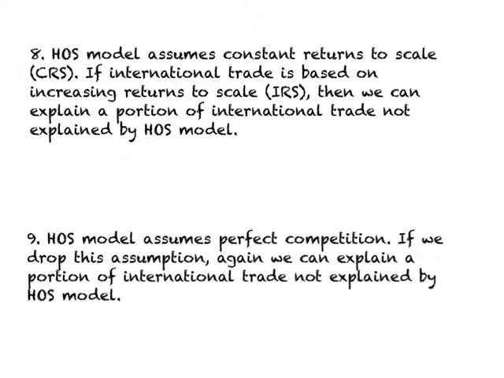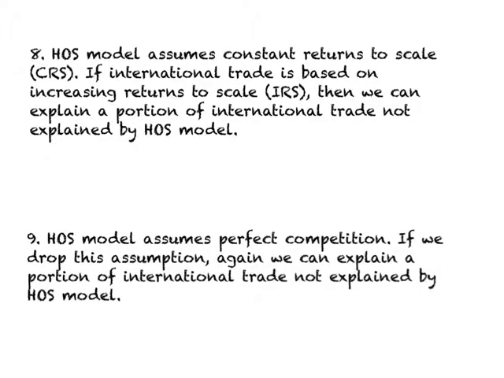Now let us look at the next assumption of the HOS model, which is constant returns to scale. As you will recall, constant returns to scale simply means if we double all inputs, output doubles as well.